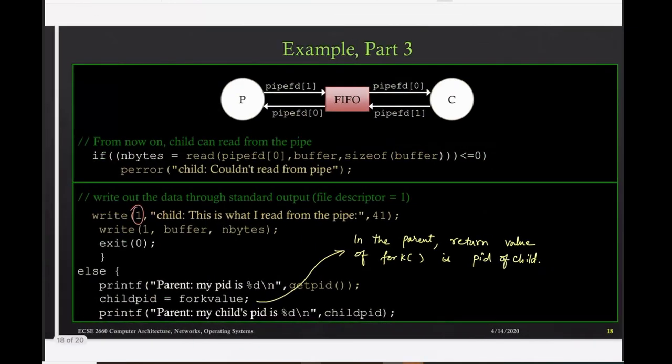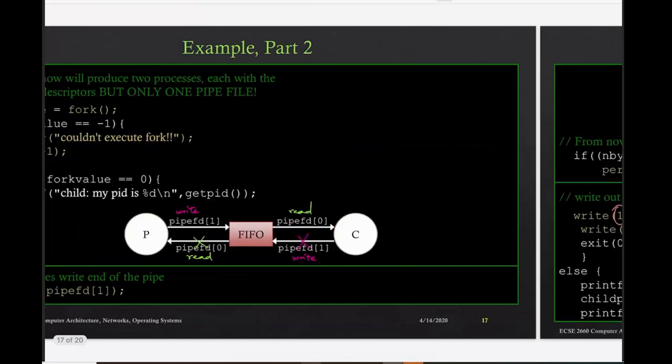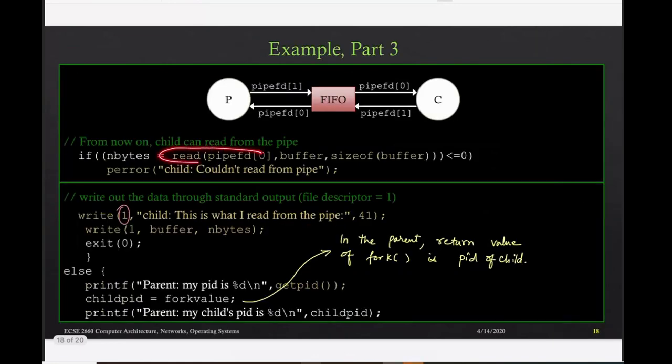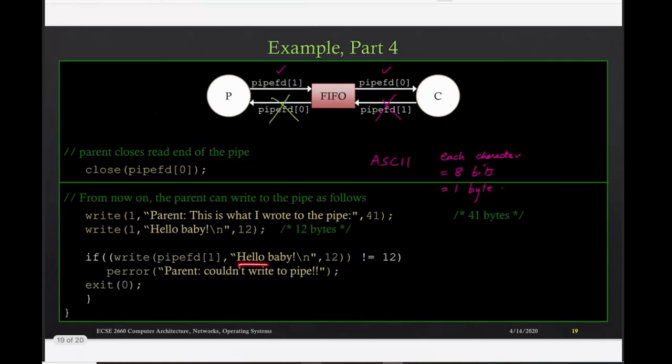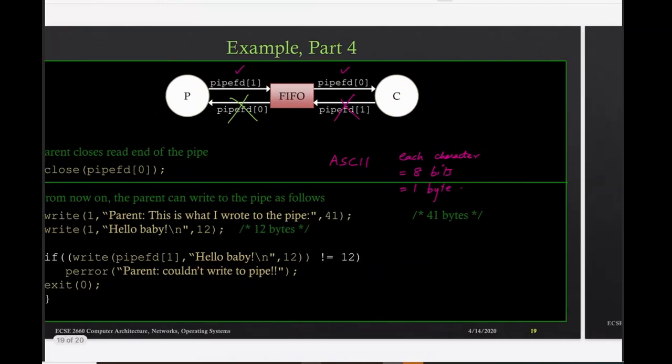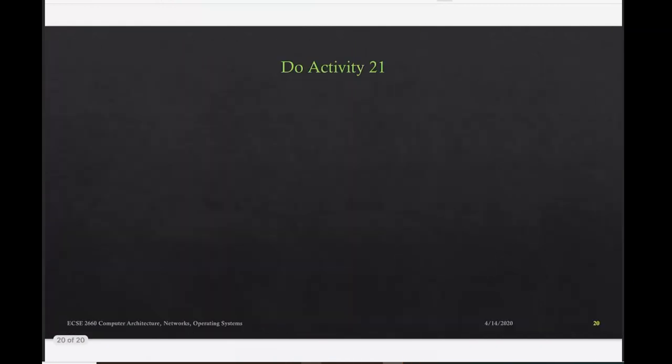Where is it getting? Right here, in its buffer. That's what it's getting when you do the read. So this is how you can pass a very simple message from a parent to a child, and then you're exiting it out successfully. All right, so that's all I have for you guys. I hope that was helpful.